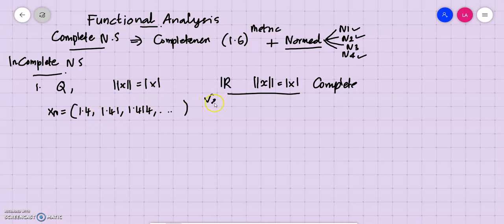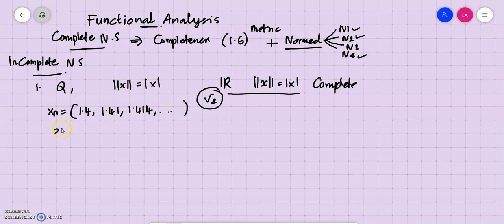We already know that the number root 2 has infinitely many digits, so every term you are adding a new digit of root 2. That's what this sequence is.